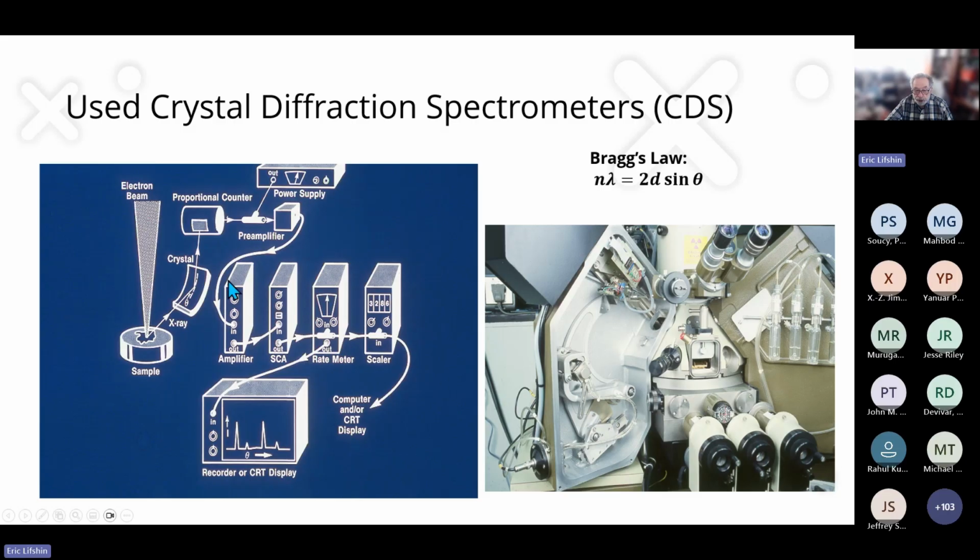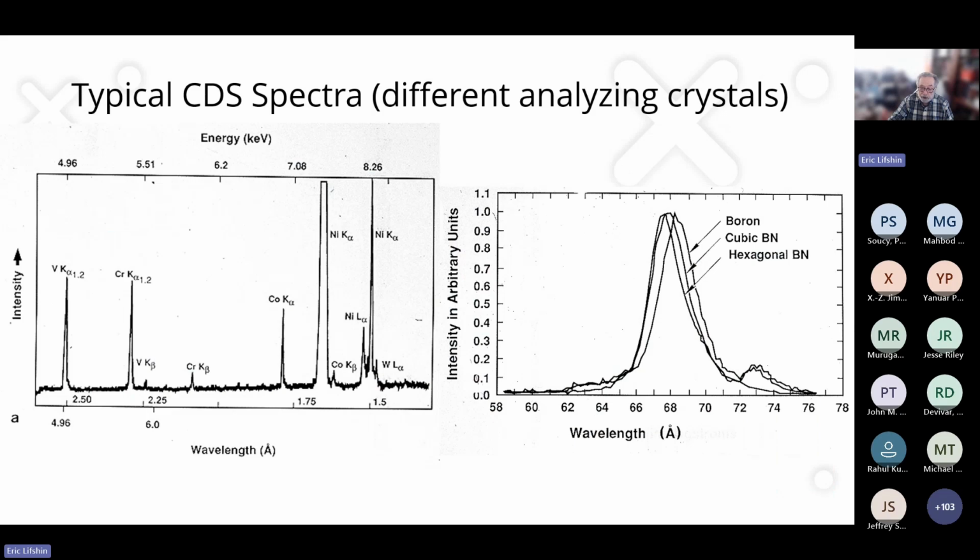And the crystal, you'll notice here, is bent. It has to be curved to meet what are called focusing circle requirements, so that you get the same angle theta across the face of the crystal. This was really the basis for microprobe analysis, from the early days and still today.